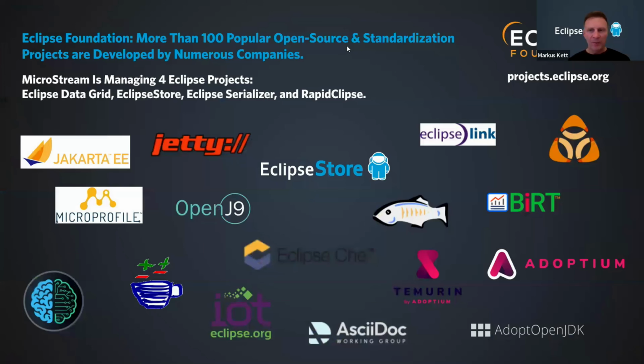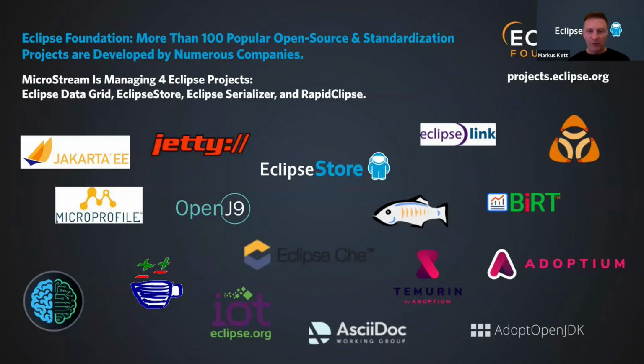We are also a member of the Eclipse Foundation, and within the Eclipse Foundation, we run around 100 open source projects. So Eclipse is not only famous for the IDE, but also for many open source projects, and also the standards, so Jakarta EE and MicroProfile are built within the Eclipse Foundation.